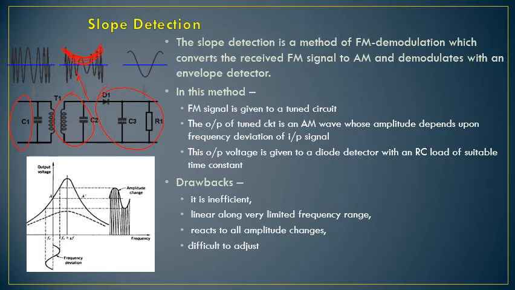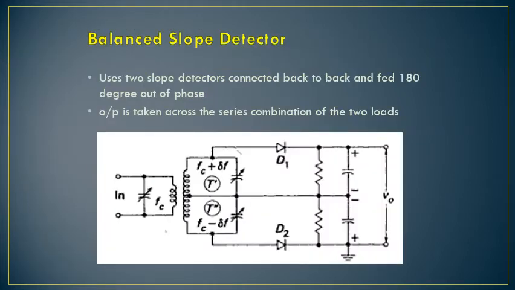So this is not expected, and that's why we are going for the next circuit, which is called the balanced slope detector. In this circuit, we are trying to make the nonlinear slope linear. For this, as you can see, we are using two slope detectors.